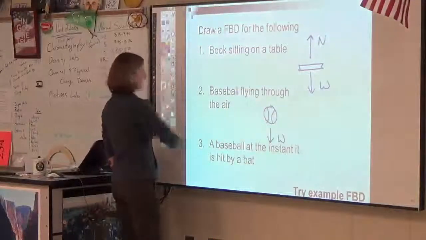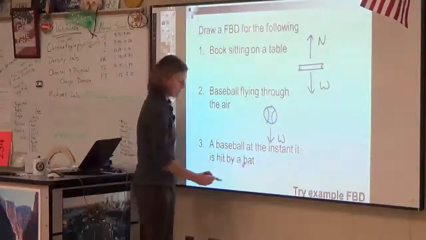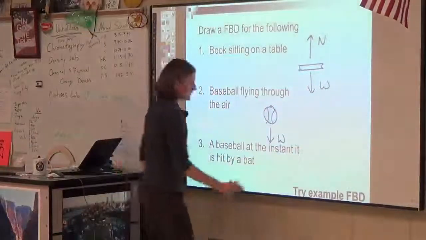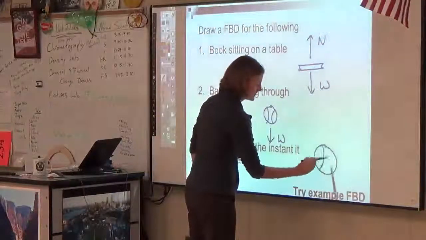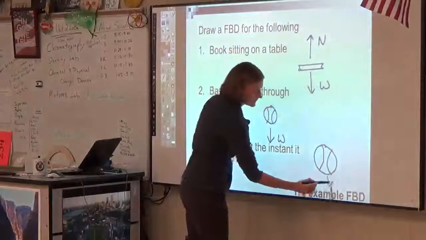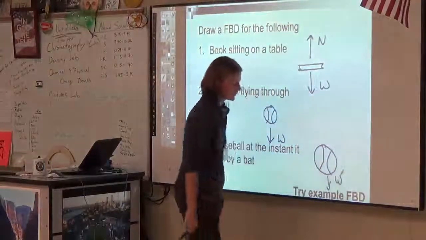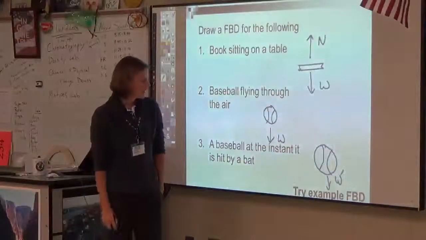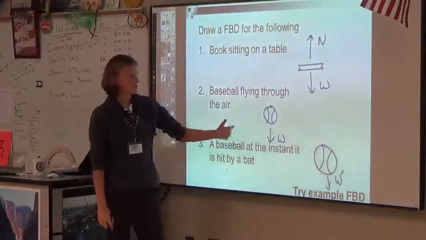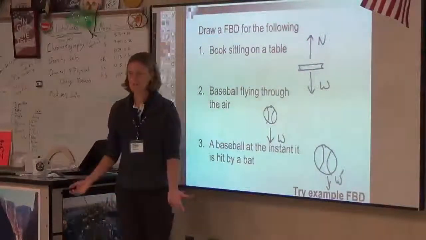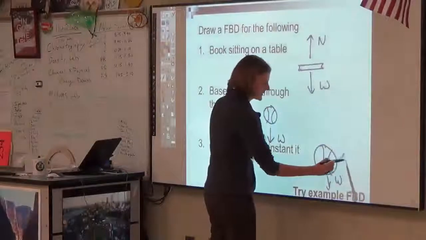If I want to do the baseball now when it's hit by a bat, sure, I would need another force there. Still have my weight. It's a really big baseball. And this is where you can sort of just label it however would make sense. F bat, FB.